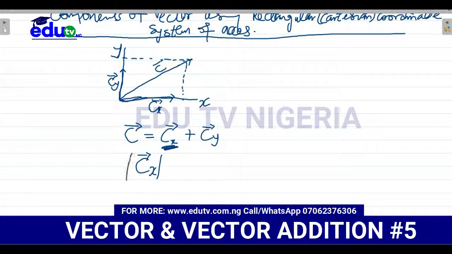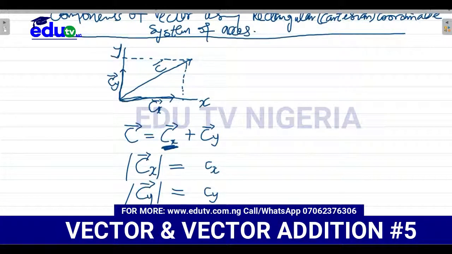So the magnitude of vector C along the x-axis can be given as Cx, so that when we want to do some calculation with it, it's easier. And the magnitude of vector C along the y-axis, let's use small letter cy, so we are able to differentiate it.